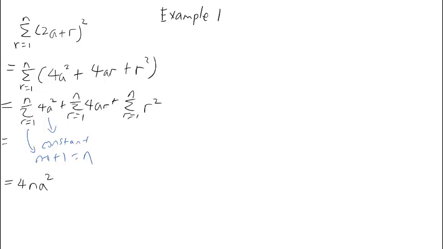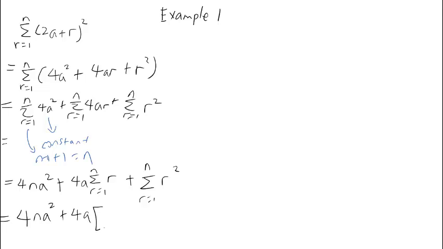For the second one, the 4a is a constant, so you can simply put the 4a outside the summation. The r remains inside, and for this one, you can leave it there first. I will simplify this later. The 4a you leave in front.